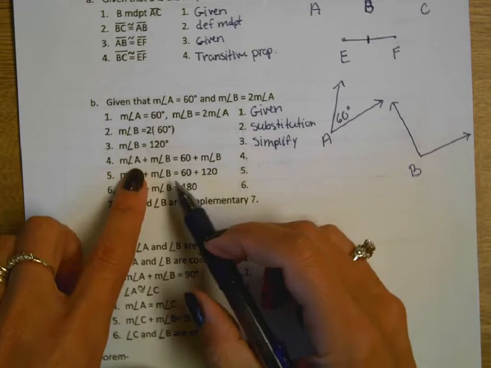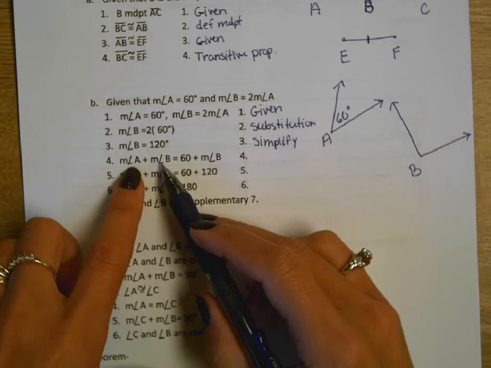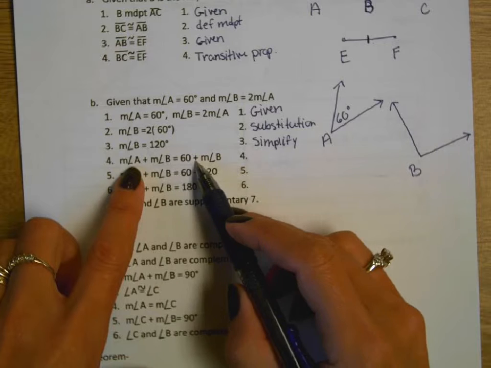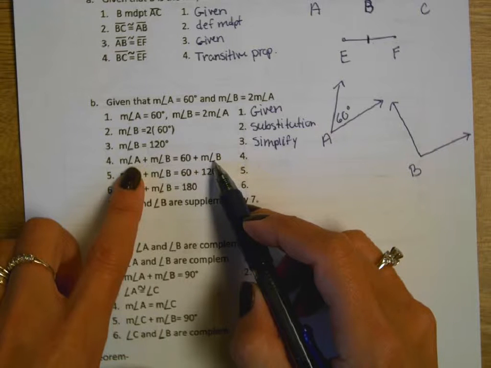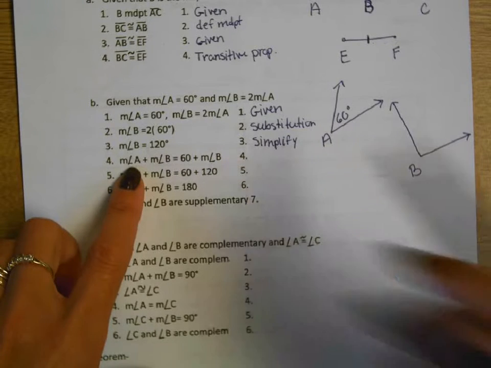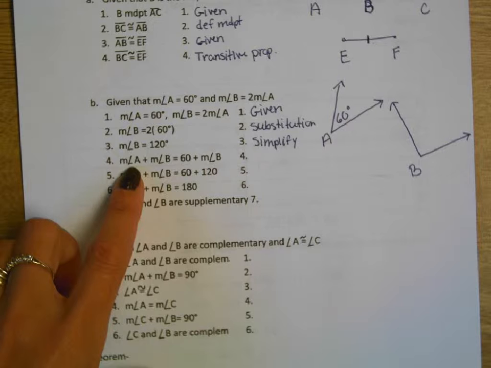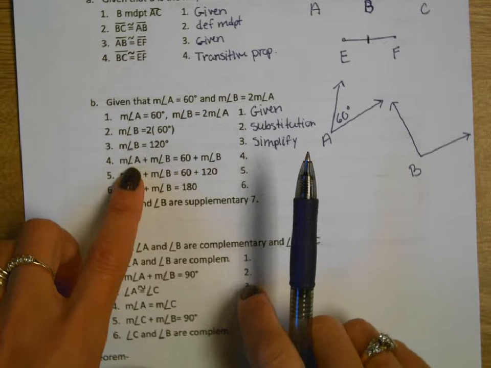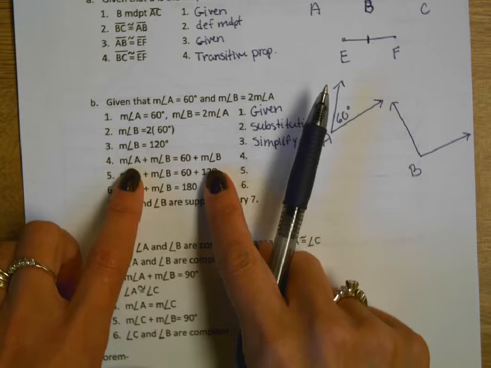All right. The measure of A plus the measure of B equals 60 plus the measure of B. This is the one that's hard for people to see because it's written horizontally. Anybody see it?